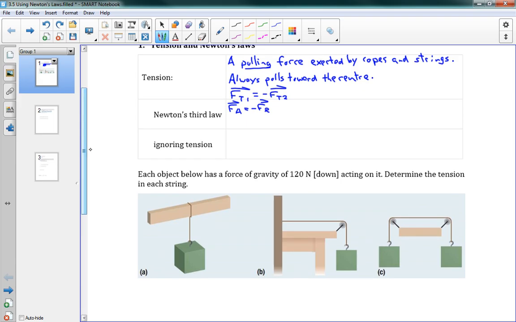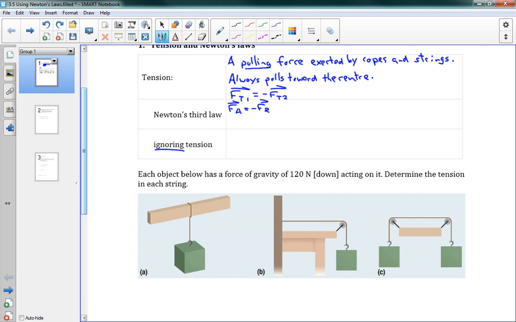Okay. So we're going to be dealing with some tension problems here. Before we get into them, I want to say one thing, which is that sometimes we can ignore tension. Even if we have a rope in a problem or a string, sometimes we can just ignore the tension entirely. We looked at it once before. The idea is that we can combine all the objects.